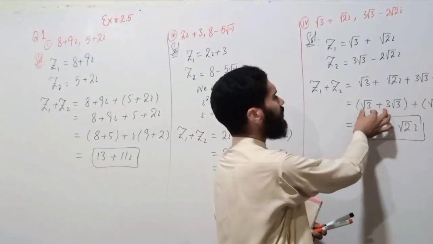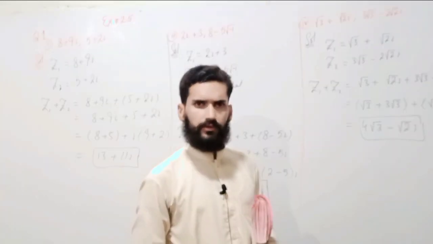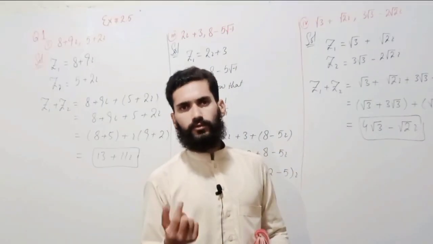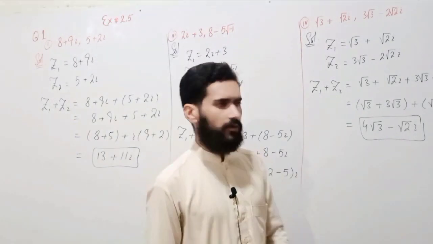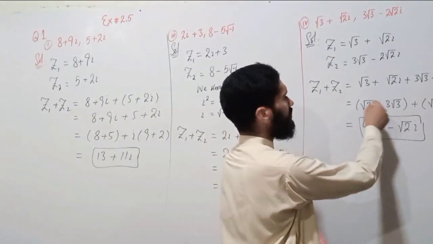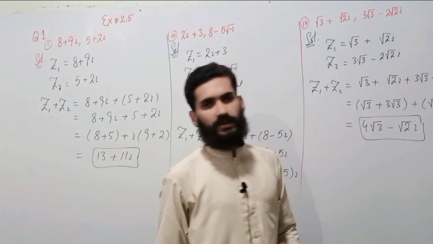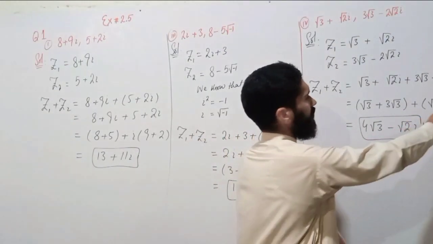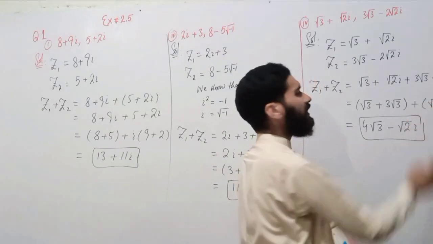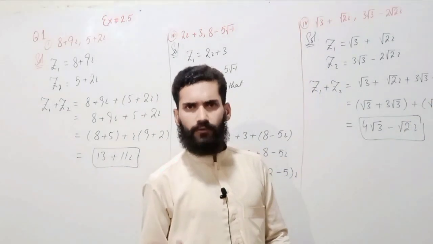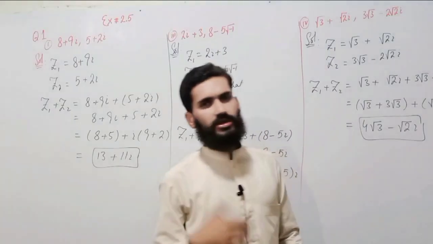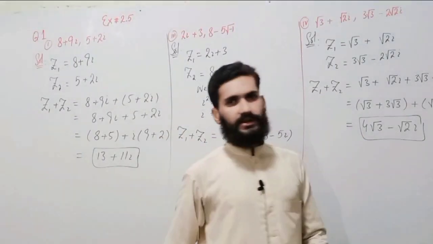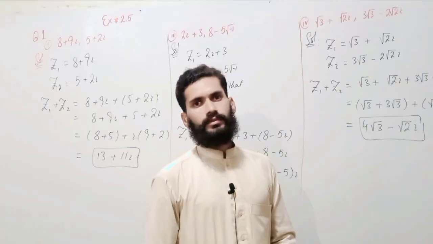Real part with the real side: square root 3 plus 3 square root of 3, and imaginary part with the imaginary side: 2 square root 2 iota minus 2 square root of 2 iota. The common coefficient is 3 plus 1, which gives 4 square root of 3, and 2 minus 1 gives negative 1, so the coefficient is negative square root of 2 iota. This is the required result of part 4.